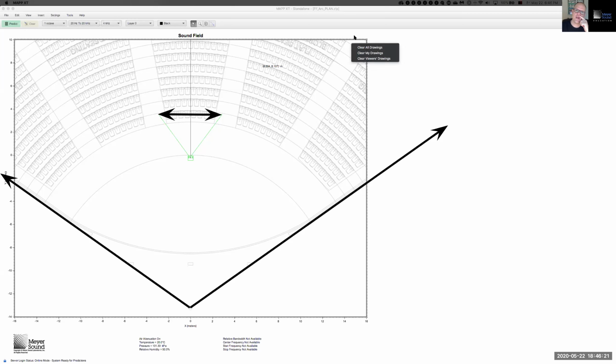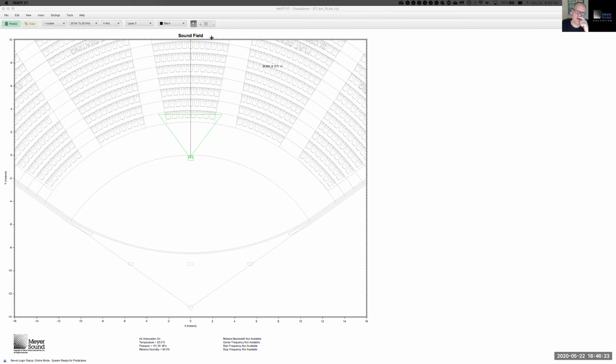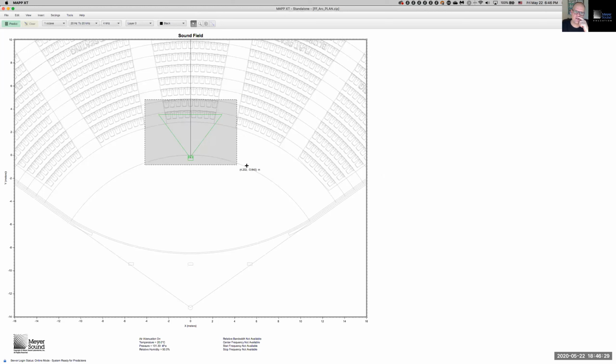But in order to do that, we need to make use of the convenient pivot tool in MapXT, because I'm going to select my loudspeaker and triangle, and now I'm going to click on the pivot tool. That would allow me to rotate the loudspeaker around a given pivot point, but the pivot tool allows me to choose my pivot point any way I see fit. It doesn't have to be where it ends up by default.